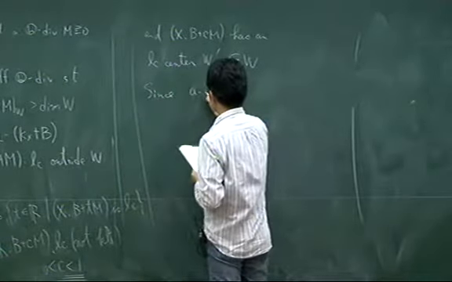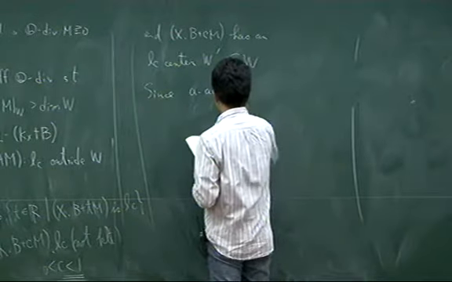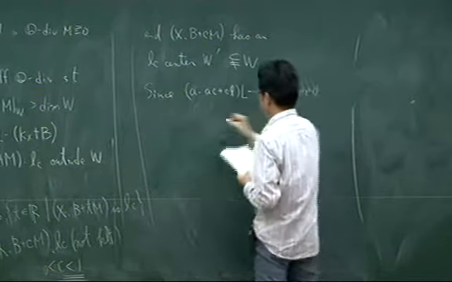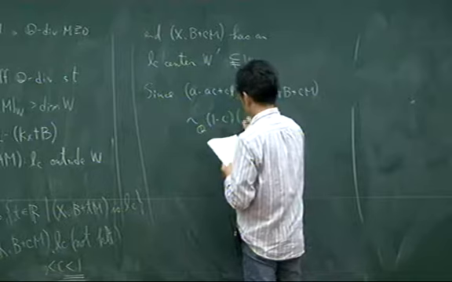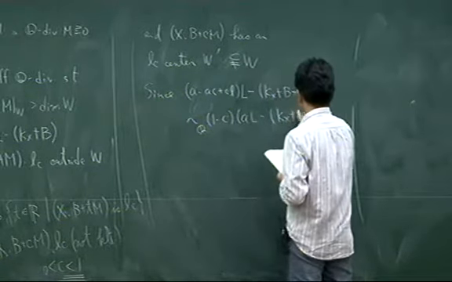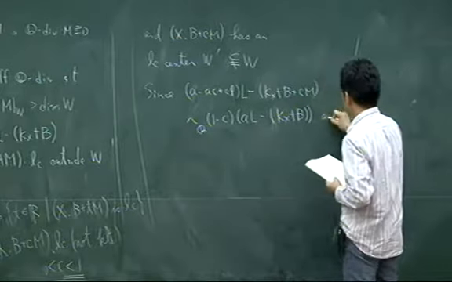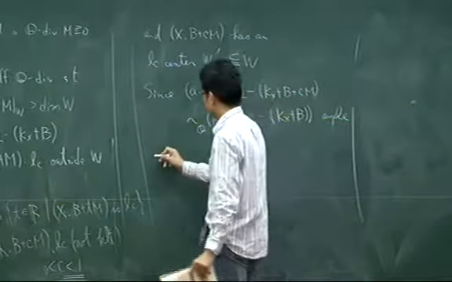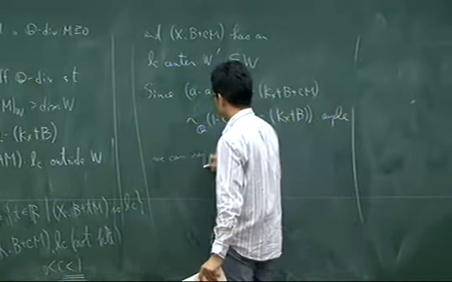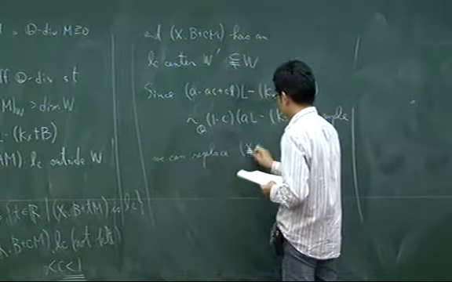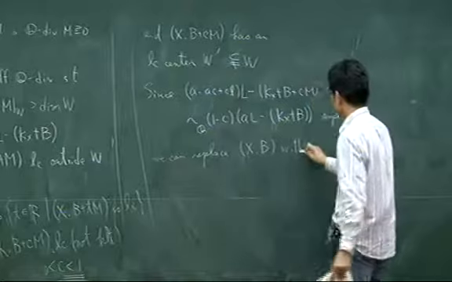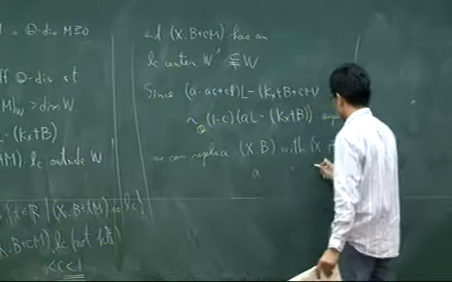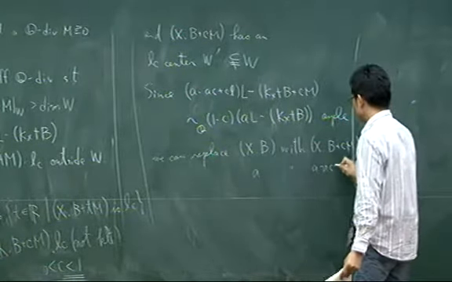Since (a minus ac plus cL) minus (K_X plus B plus cM) is Q-linearly equivalent to (1 minus c)(aL minus (K_X plus B)), this is ample because c is less than 1. So we can replace (X, B) with (X, B plus cM) and a with a minus ac plus c.